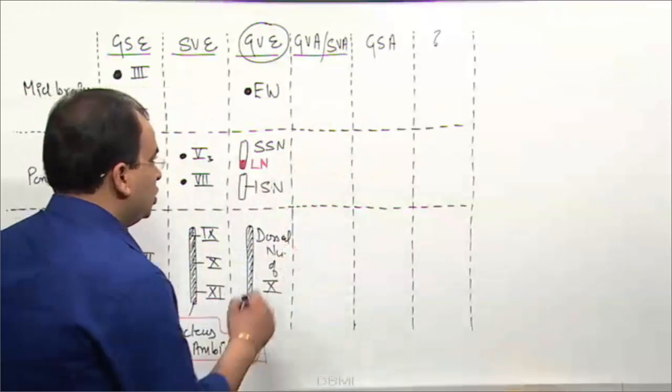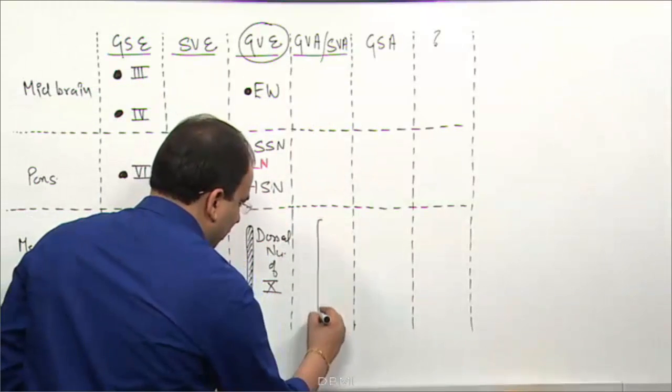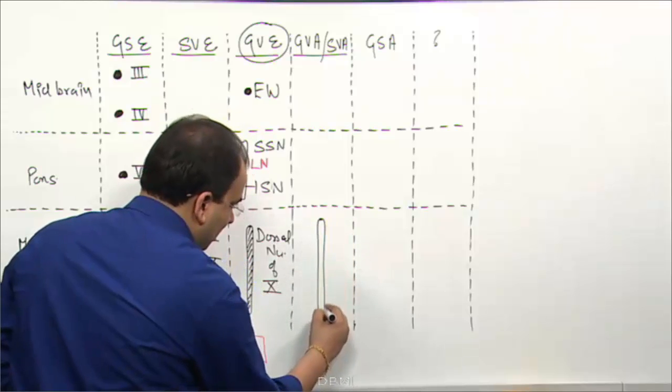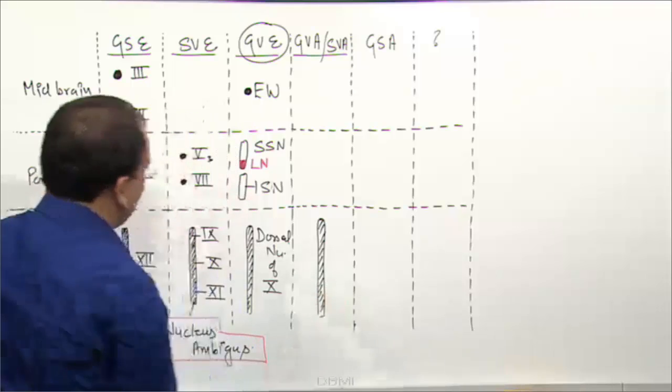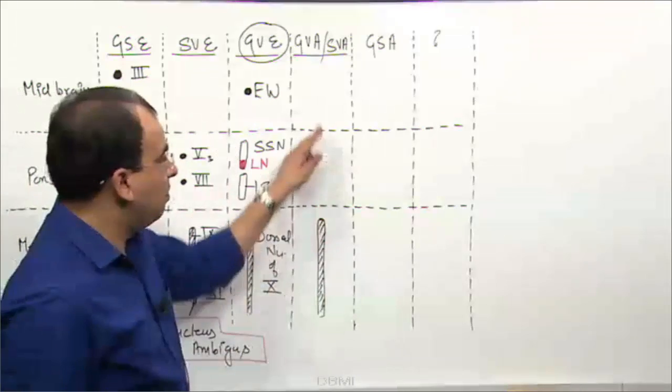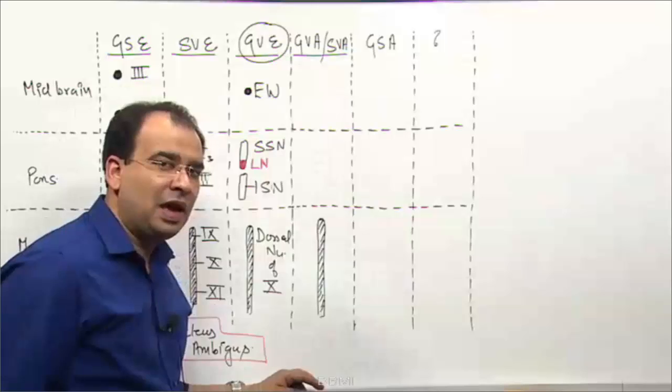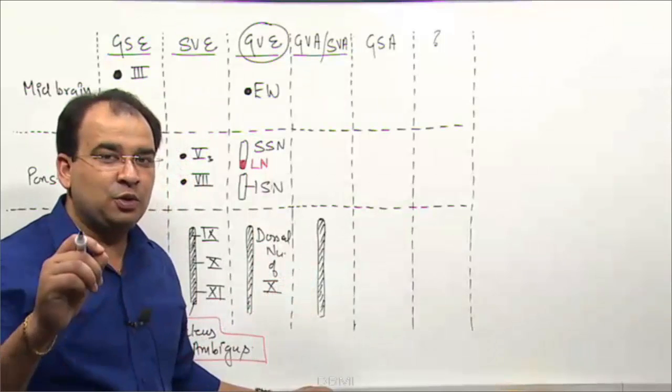nucleus, and that's a unique piece of gray matter present in the brainstem, and you will not find any such nuclei above it or below it. It's the only thing we have in this column, and that's why we use the word solitary.